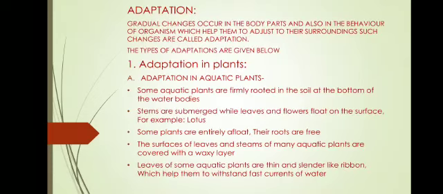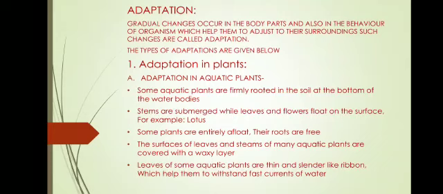First of all, we are going to learn about adaptation in plants. Now we all know that there are lots of varieties of plants on the earth. The plants living in water, the plants growing on land, the plants living in the snowy region, the plants living in the desert region, the plants growing in grasslands, like this.